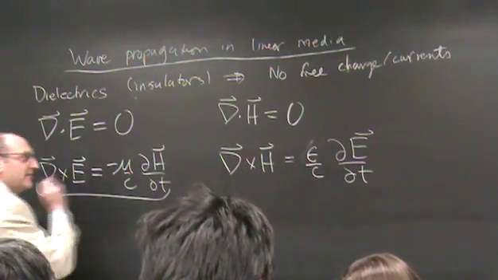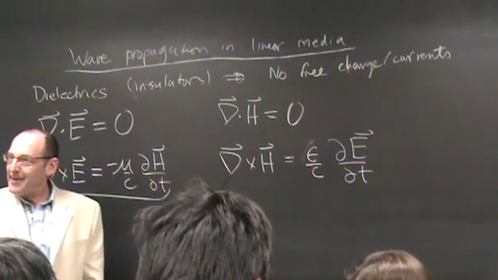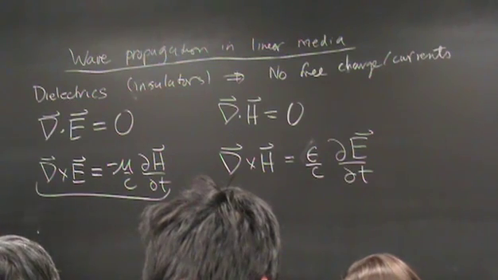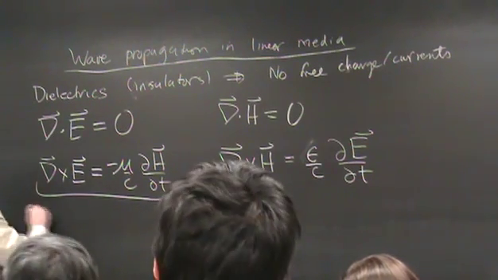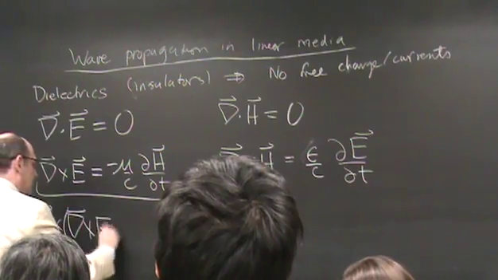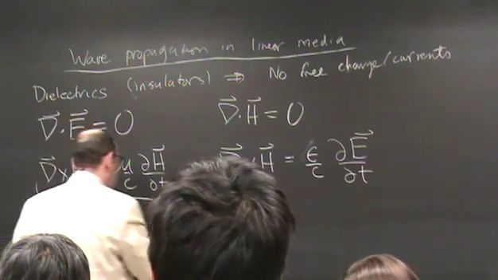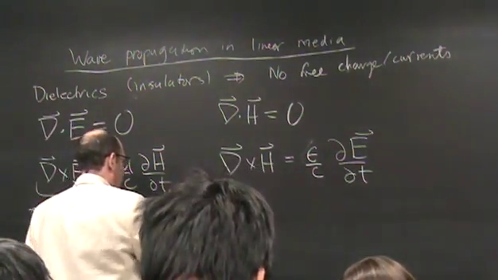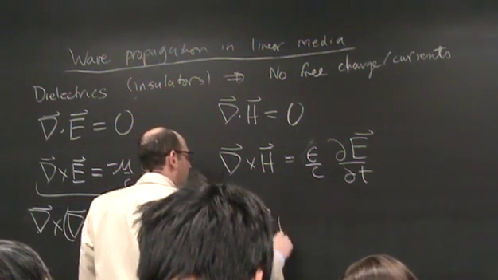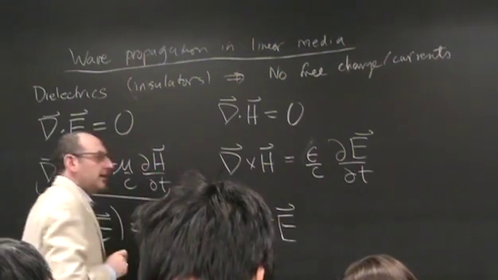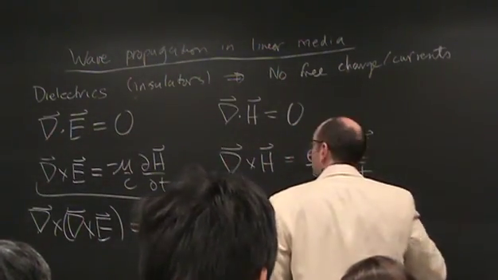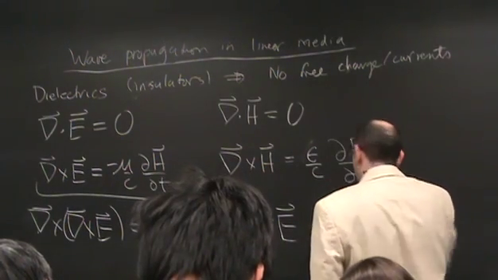Everyone should remember how you get the wave equation. You take the curl again. So the curl of E, everyone knows, is equal to the gradient of the divergence minus the Laplacian, which is equal to minus mu over c times the curl of that.